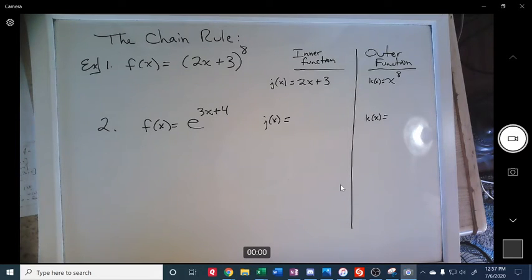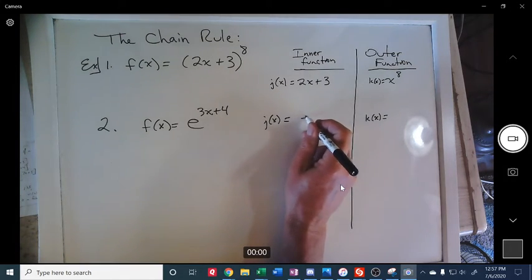All right, group 6. Any ideas? Possibly j of x is equal to e to the x, and then k of x would be equal to 3x plus 4.